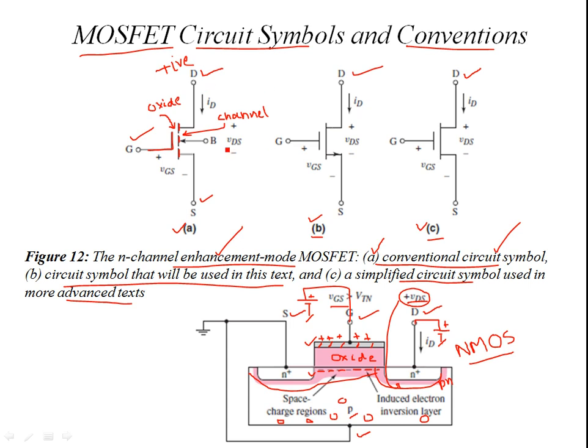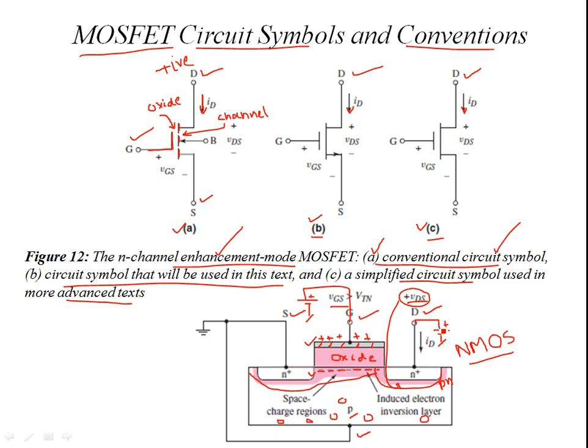Okay, and then in the conventional symbol, you have the current direction. Over here, ID, and the conventional current direction is from drain to source. But in practice, given this biasing, the negative particles enter from the source and are attracted to the positive terminal of the battery.